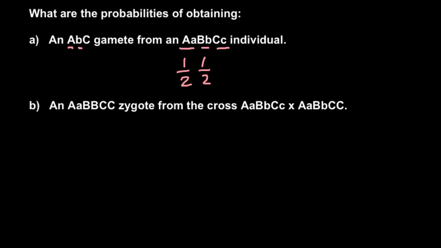And the probability that the capital allele C also would go into the same gamete would be also 1/2. So there is only a choice between two. So now we have to multiply all these independent probabilities, and our answer would be 1/8. So the total number of combinations is 8, and exactly this combination as here, the chances would be 1/8.